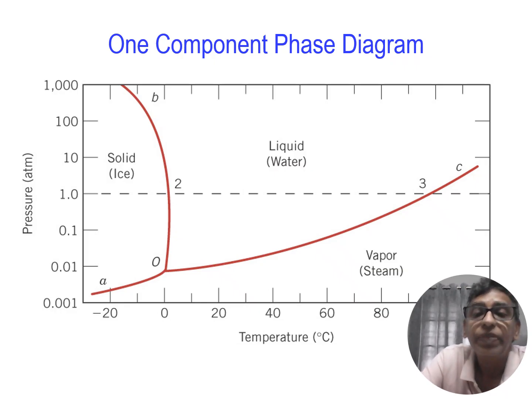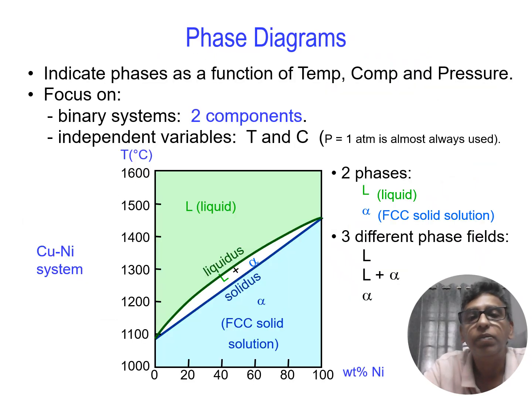Similarly, if you increase the temperature more than 100 degrees centigrade, it becomes steam. So a phase diagram indicates phases as a function of temperature, composition and pressure.